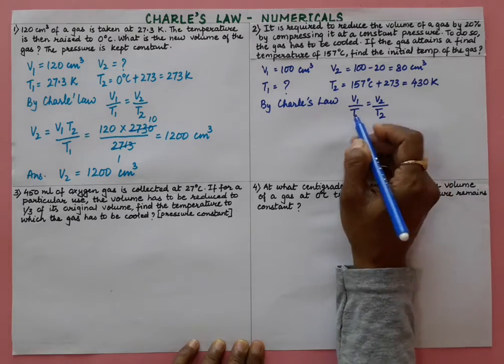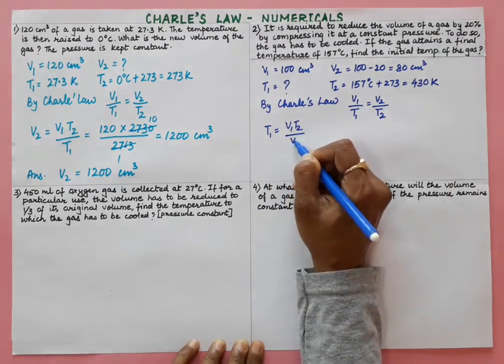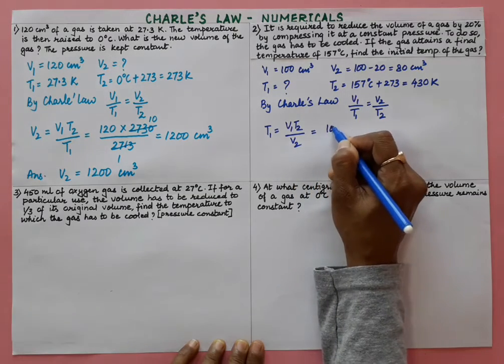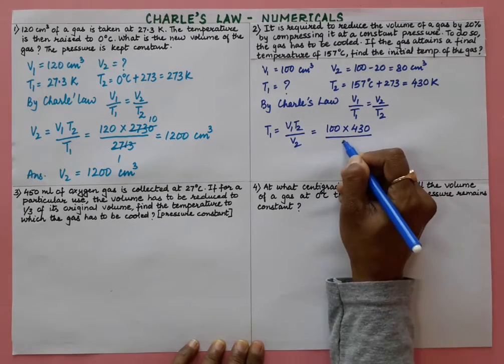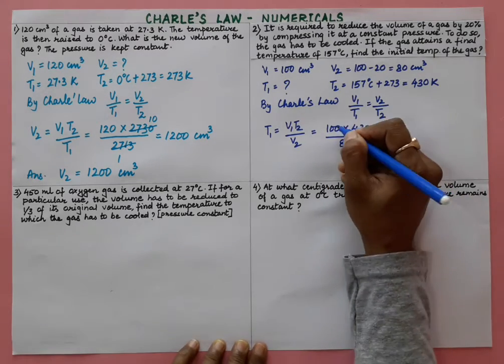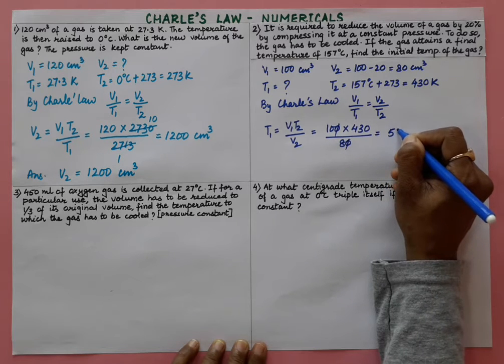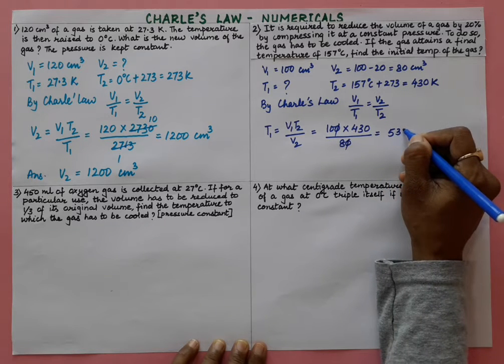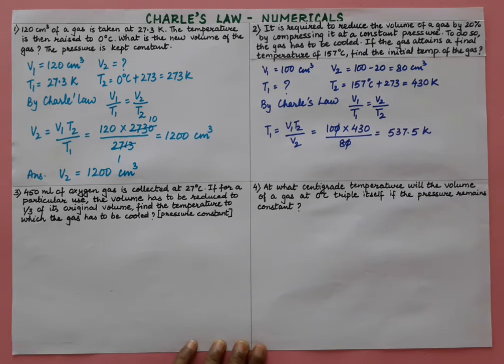We have to find T1, so T1 is equal to V1 T2 upon V2. V1 is 100, T2 is 430 and V2 is 80. When you solve this, you get 537.5 Kelvin.